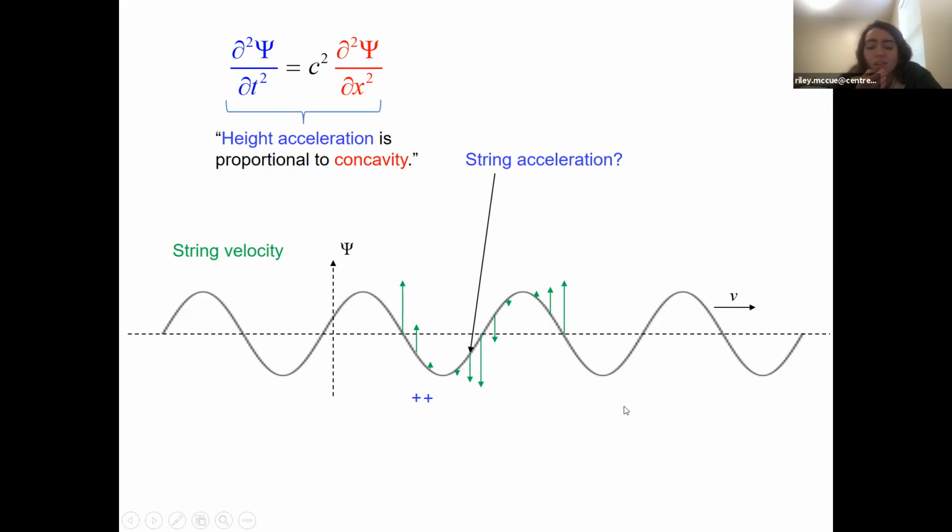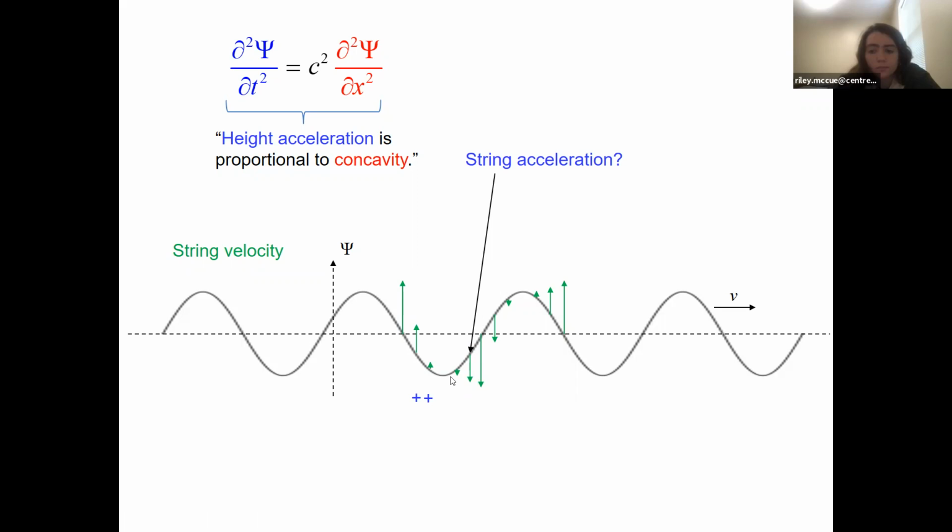I want to say negative, but I'm not sure. Yeah, so right now, notice that this point is moving in the negative direction. So it has a negative velocity, right? If its velocity became more negative, I think everyone would agree that it has a negative acceleration because it's going faster and faster in the negative direction, right?